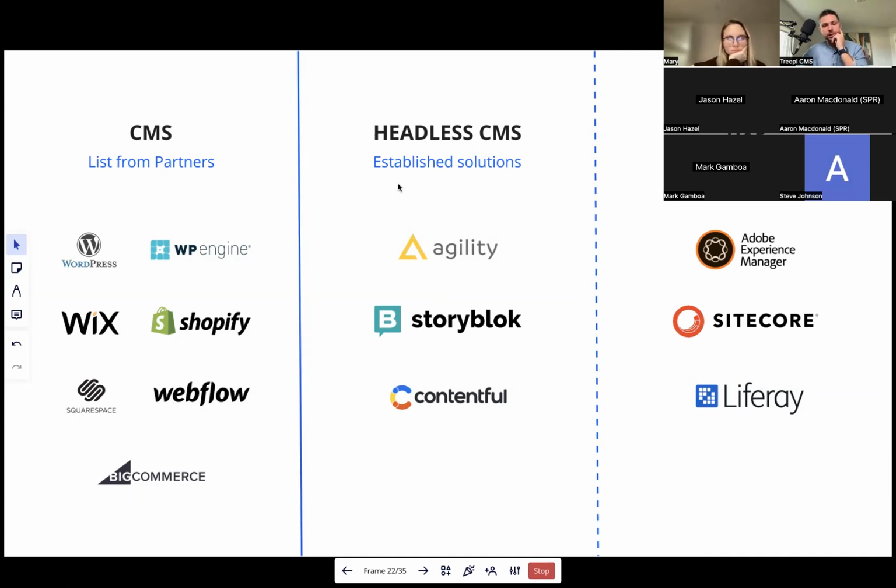Now, for the headless CMSs, we went in and found the most complete ones, as we think, based on the reviews. And as you can see, there's this dotted line here. It means that headless CMSs are turning into DXPs more and more.